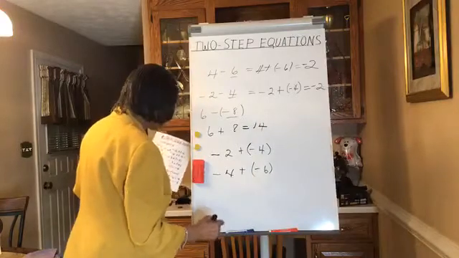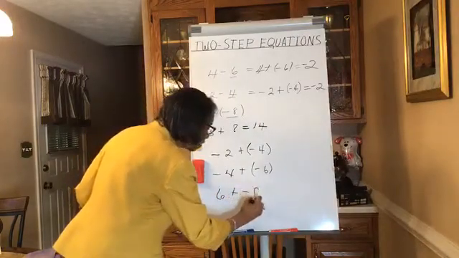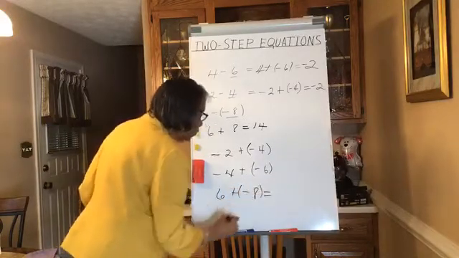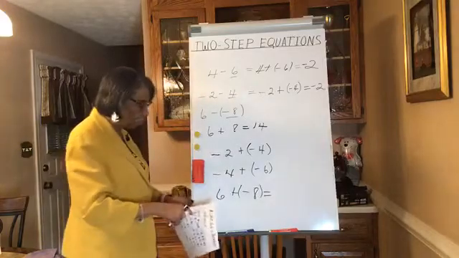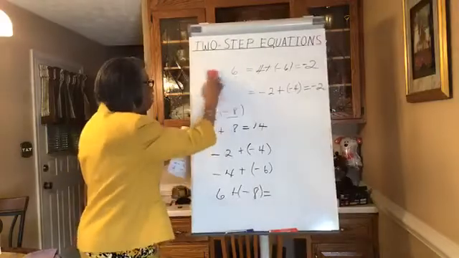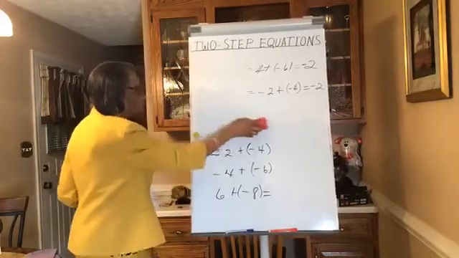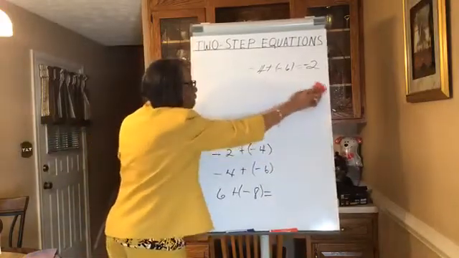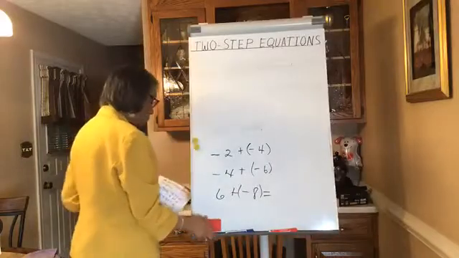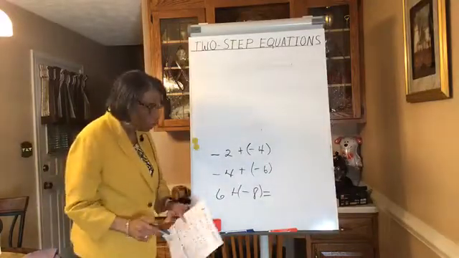And let's do 6 plus negative 8. All right. So if we have this, we're almost ready to go into doing the two-step equations. All right, I'm giving you a moment to do it.